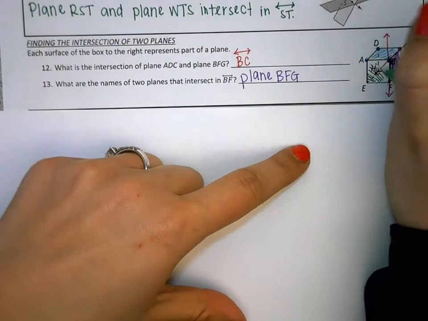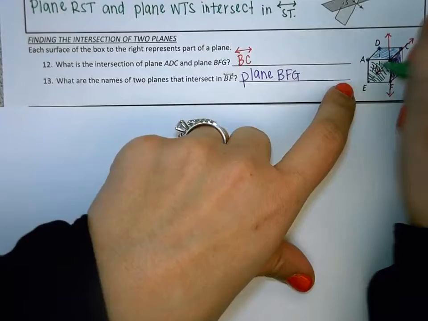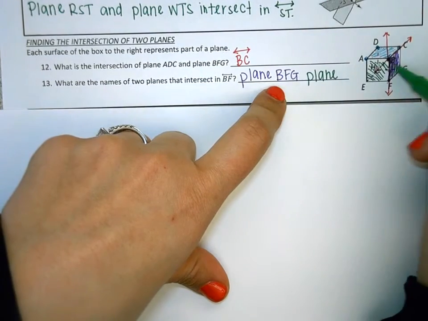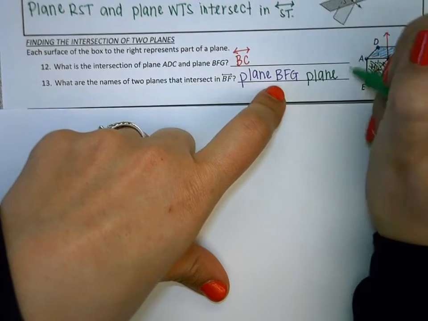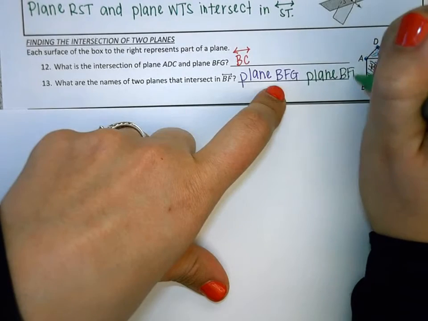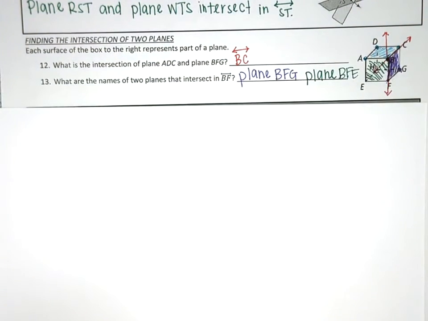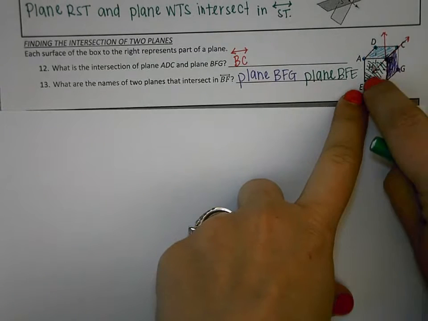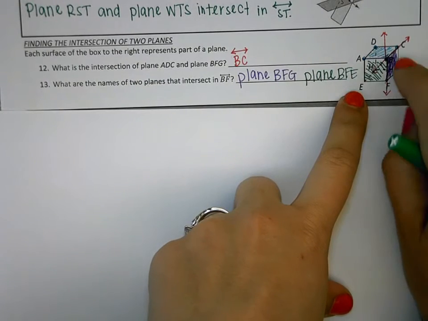So that would be plane, 3 points on that plane, BFE. Could you still use A? You could still use A, so we would have to say plane BEA or plane BFA. You could still use it.